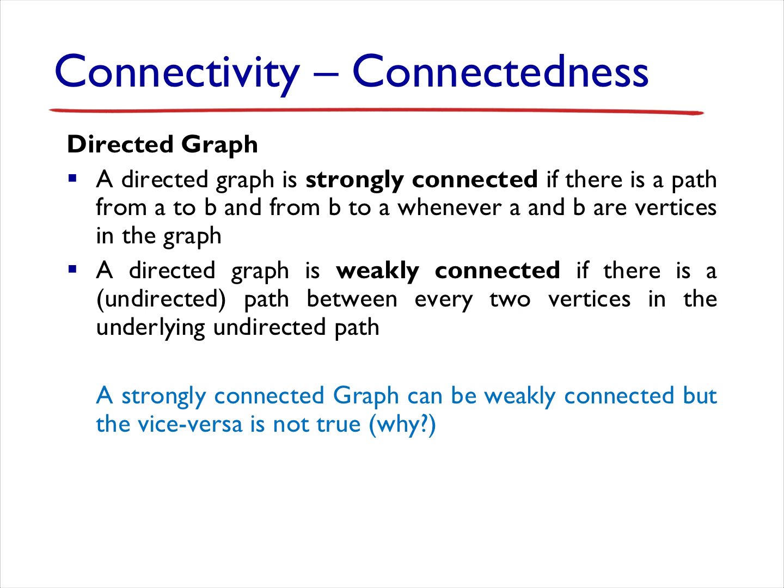Strong connectivity means that you abide by the directions of the edges and you can reach vertex B from vertex A. Weakly means that there are edges, but the directions do not allow you.